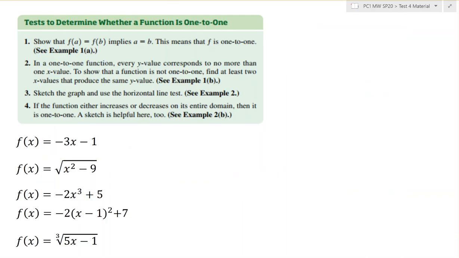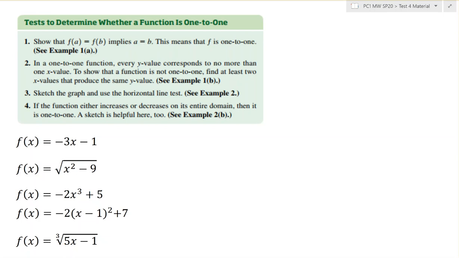So we'll look at some tests here. These are more algebraic, along with the horizontal line test, to see if something's one-to-one or not. The test really is showing that f of a equals f of b implies that a equals b. That means that f is one-to-one.